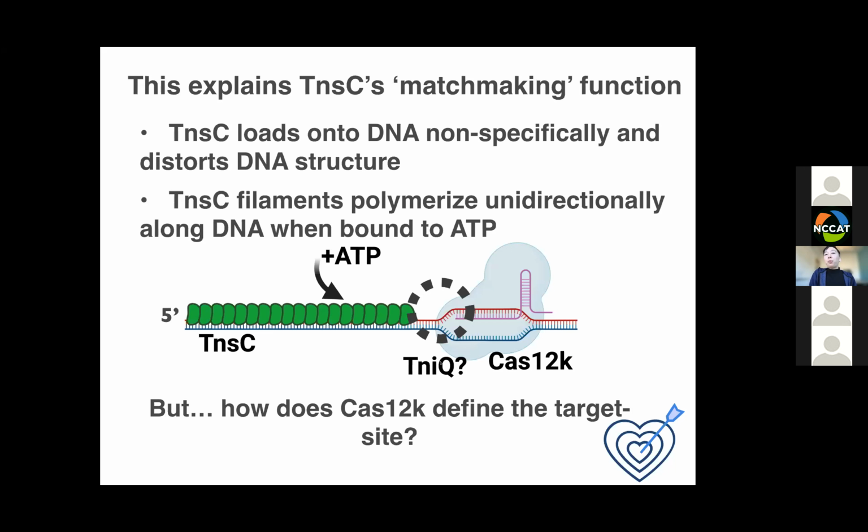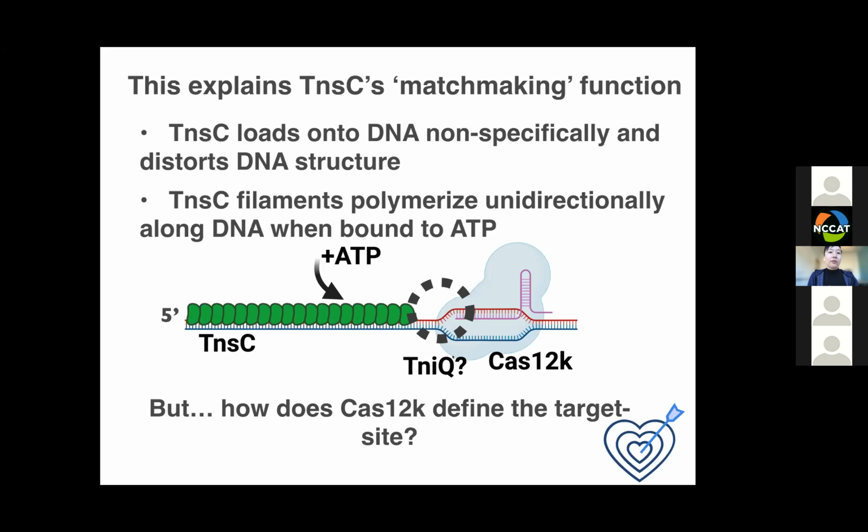There's a CRISPR effector, but we think there's another protein called TniQ that serves as the connector between this CRISPR effector and the TnsC filament. I can't go into all the reasons why, but there are other structures out there by Sam Sternberg and Israel Fernandez that show a physical connection between the CRISPR effector and this TniQ protein. So we thought it's probably serving as a connecting point.